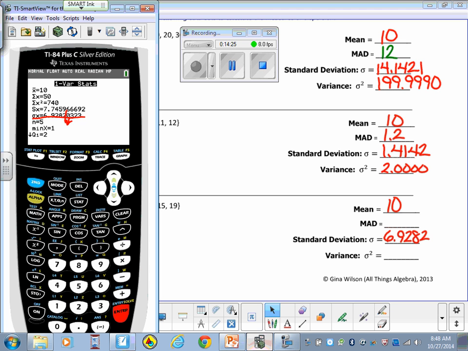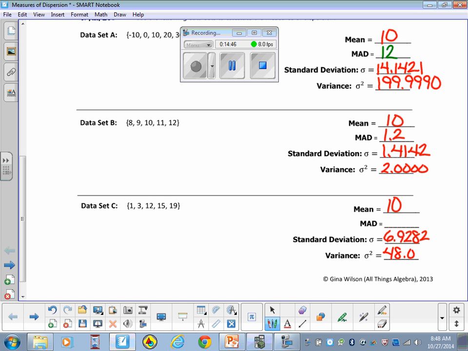Alright, let's go ahead and find our variance. 6.9282 squared. 47.99995 makes me round up. So this is going to become 48.0000. Goodness, lots of rounding with these lately.